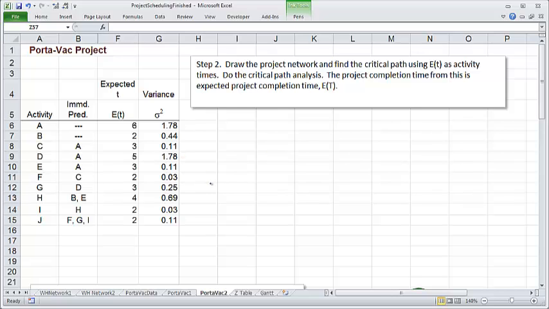Okay, so remember we start with a start node. Then we have A and B as the initial activities.